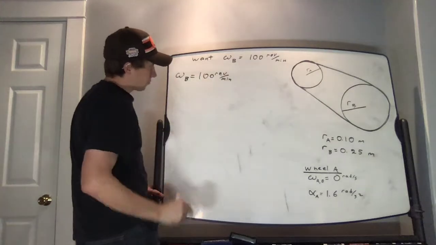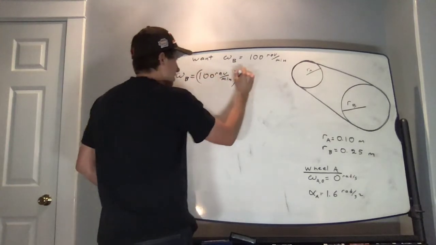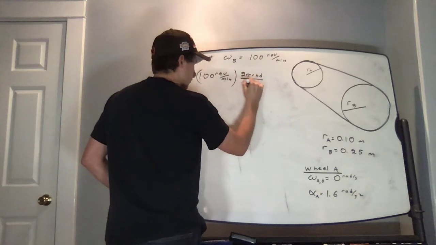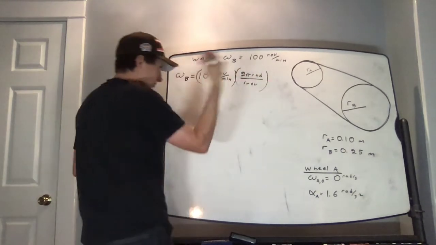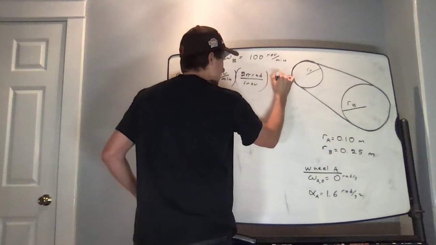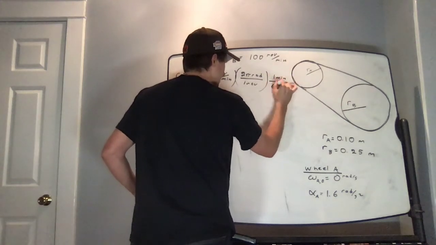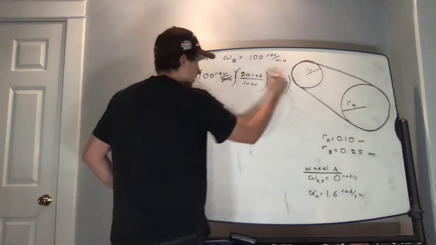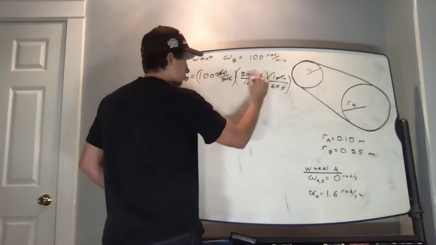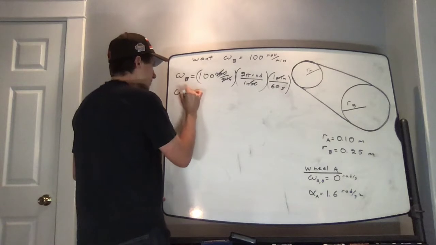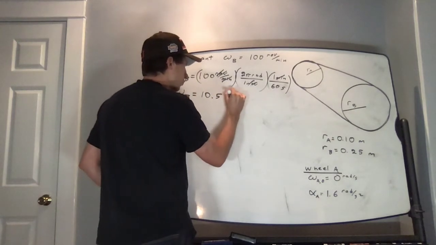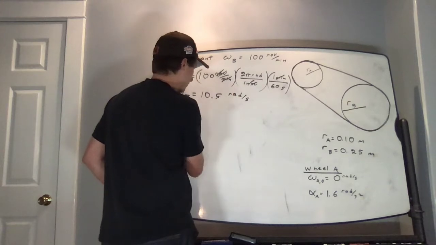But I'm going to convert this, so I will multiply this by 2 pi radians over 1 revolution, and I'll multiply this by 1 minute over 60 seconds. And when I perform this calculation, the minutes cancel, the revolutions cancel, I get the final angular velocity of wheel B is 10.5 radians per second.